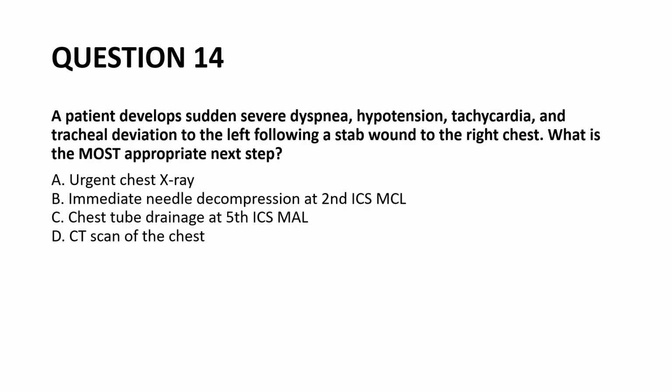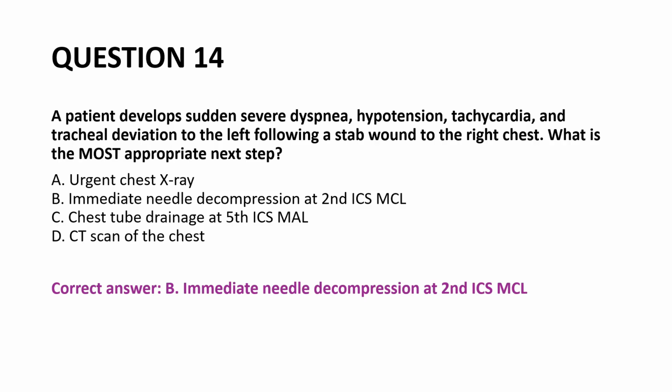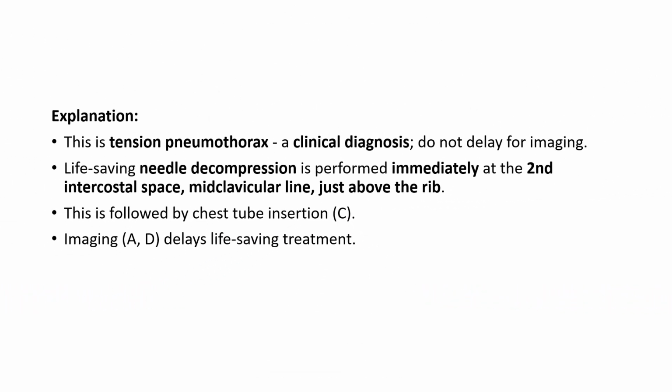The correct answer is immediate needle decompression at the second intercostal space mid-clavicular line. The patient has tension pneumothorax, which is a clinical diagnosis. Do not delay management waiting to do imaging. Immediate life-saving step, needle decompression at the second intercostal space, mid-clavicular line, just above the rib.